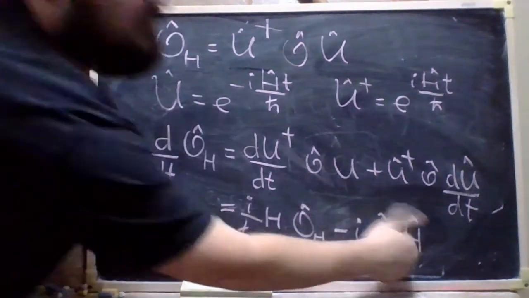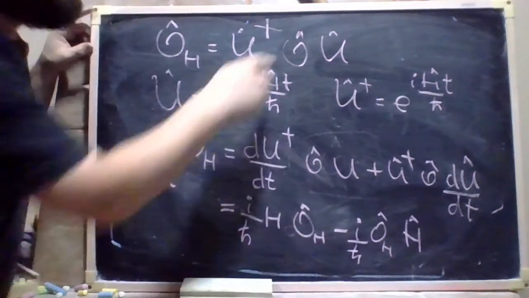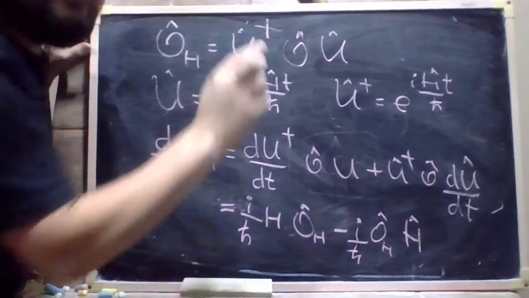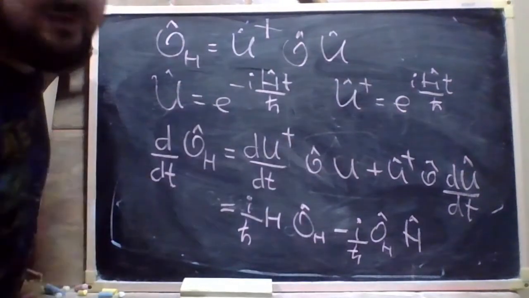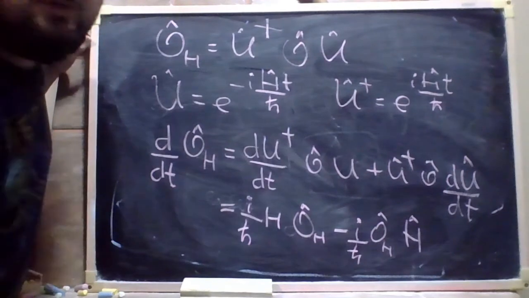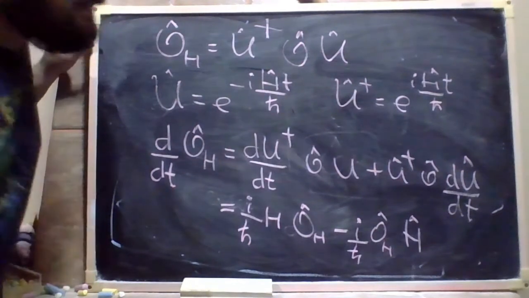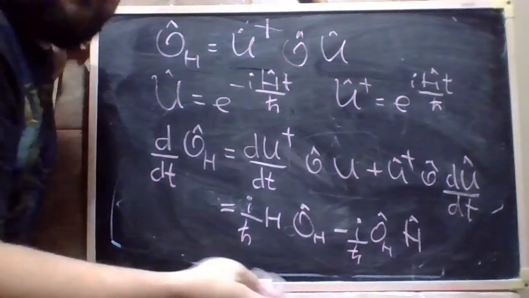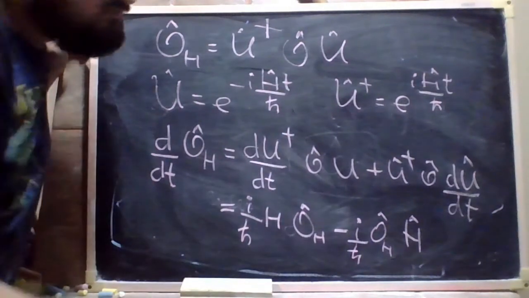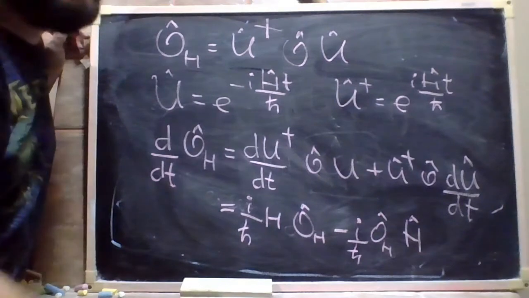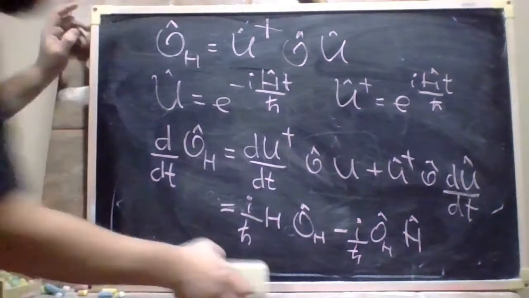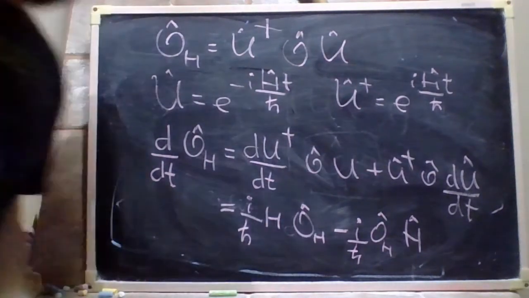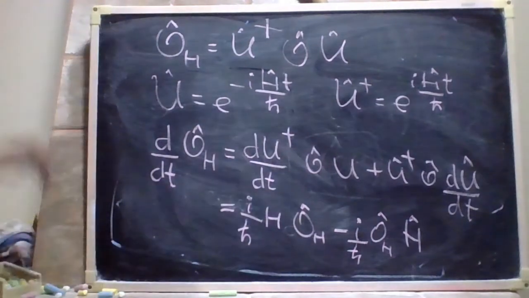You cannot commute these things because you don't know if the operator commutes with the Hamiltonian. You don't have to know that a priori. If they commute, they are compatible; if they don't commute, they are incompatible.